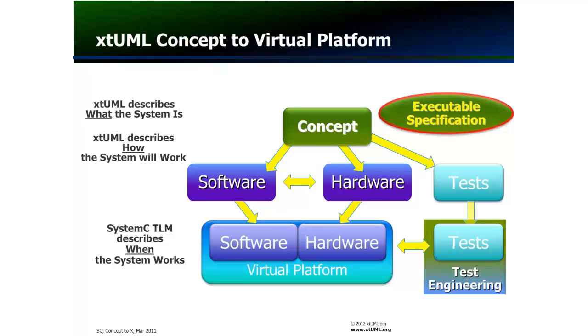In this stage, the xtUML concept model is enhanced to describe how the system will perform the functionality contained in the executable specification. To achieve the detail needed by test and integration engineers, the xtUML implementation model is translated into a virtual platform that is essentially a software-only, platform-specific model.